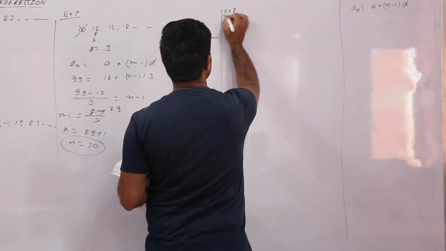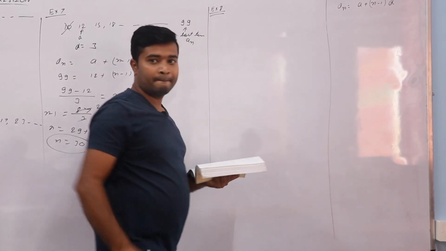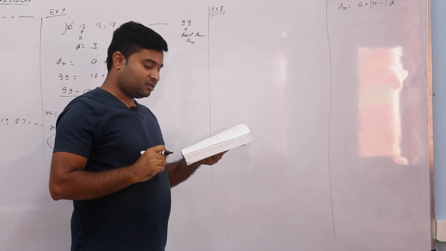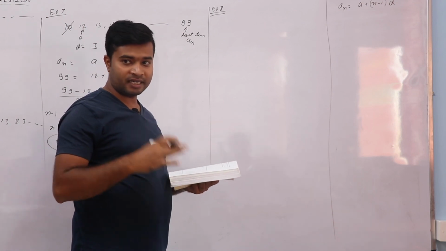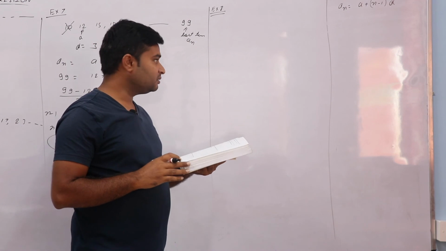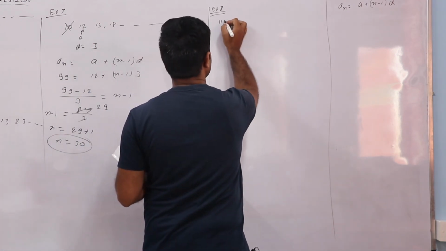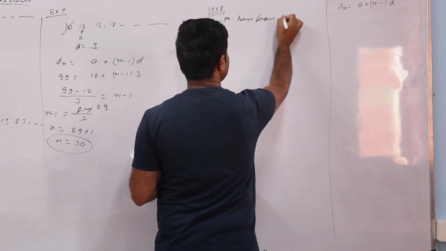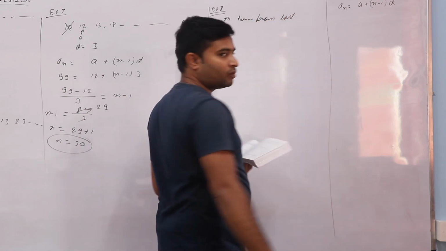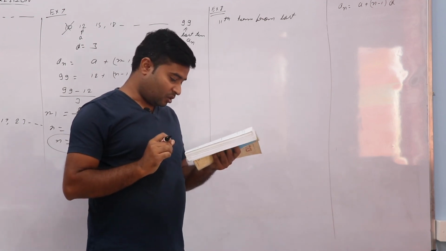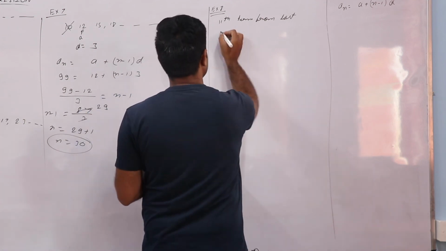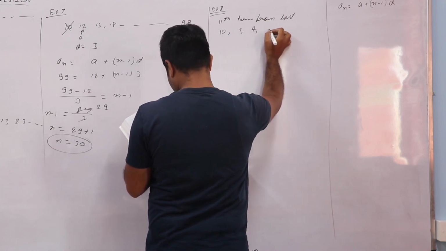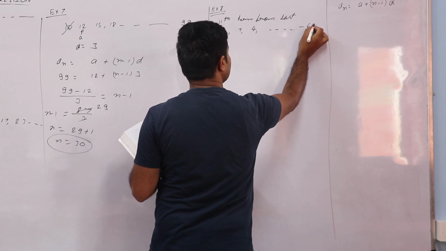Example number 8. Is it visible? Yes, sir. See, the question is saying: find the 11th term from the last. Find the 11th term from the last of the AP given: 10, 7, 4, ..., minus 62.